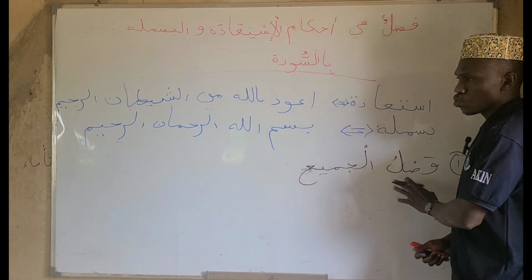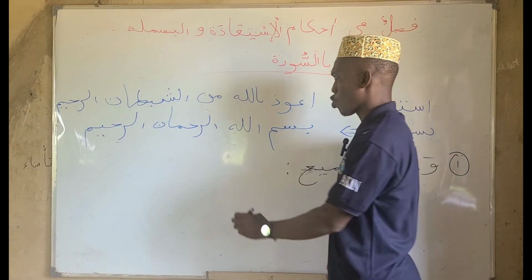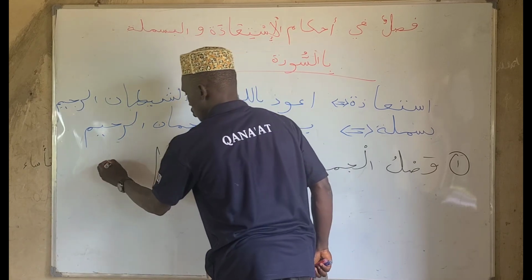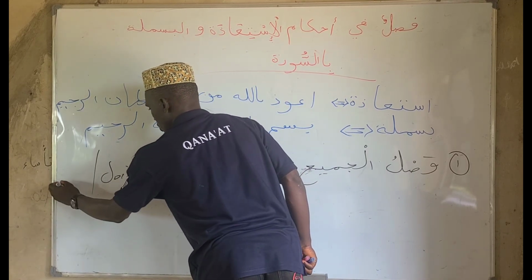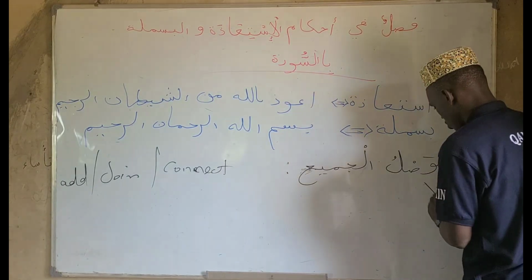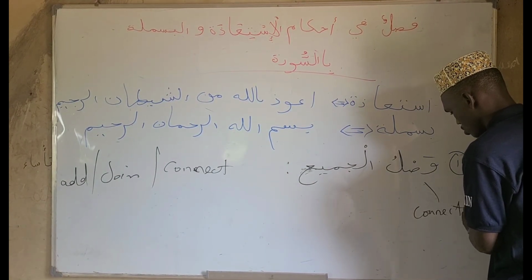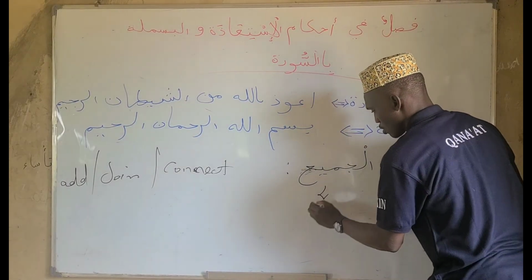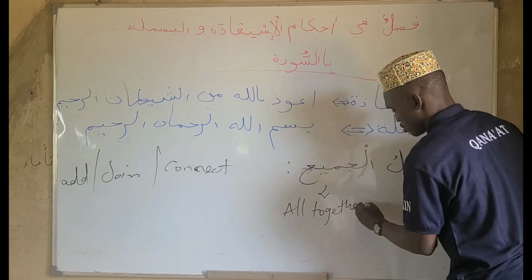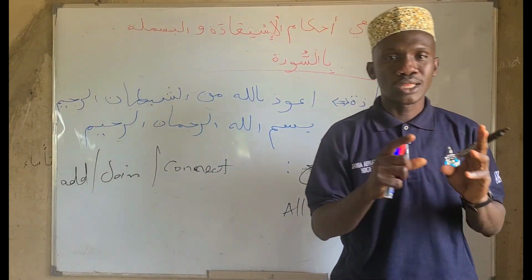As the name implies, Waslu in Arabic means to connect, to add, to join together, while Jamir means all together. So Waslul Jamir means you are going to read all the three together.